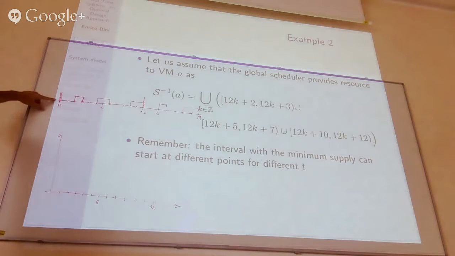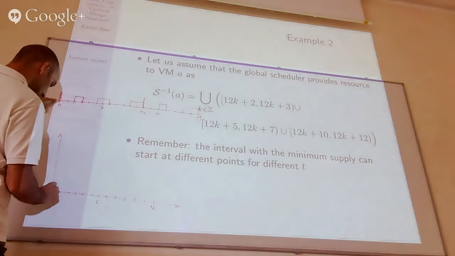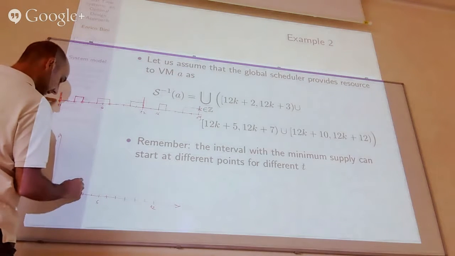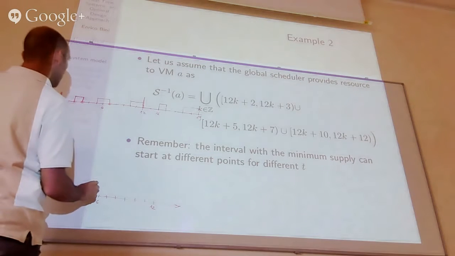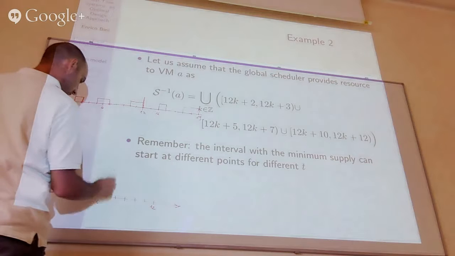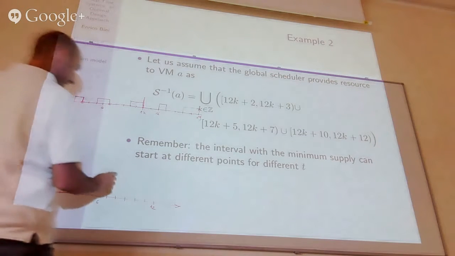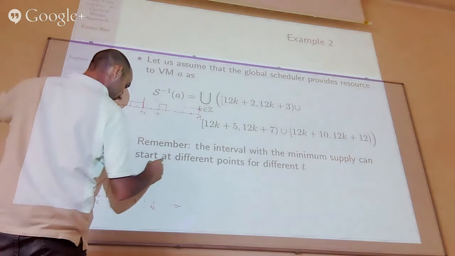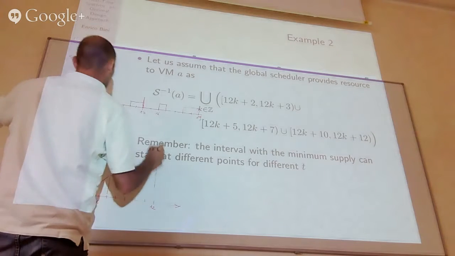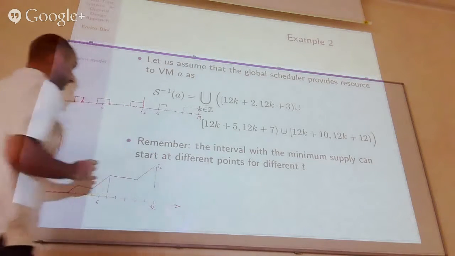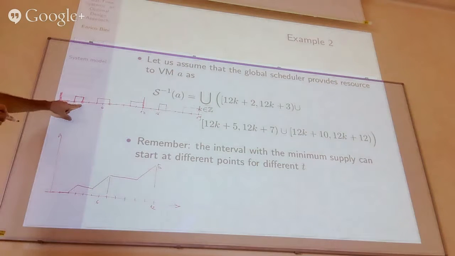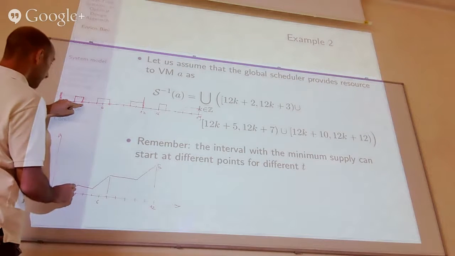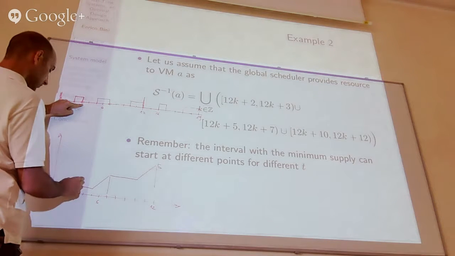Okay, so if we start integrating here, we stay flat until 2. Then we increase by 1, flat until 2. We increase by 2, flat for 3 units of time, and then increase by 2. Okay, and we reach 5 because 5 is the overall. If we integrate starting from here, we are flat until 2, and then we increase by 2.